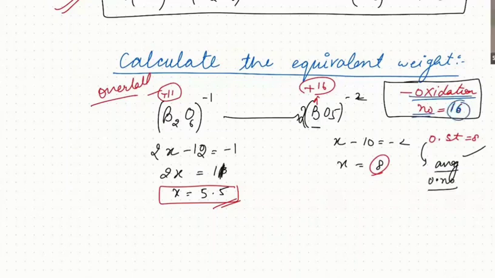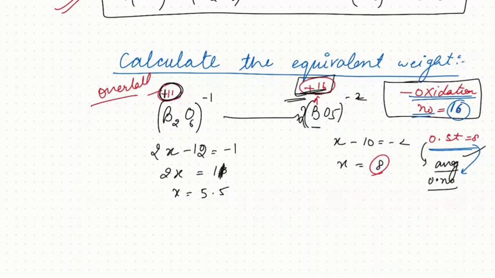So the oxidation number is the total number, and the oxidation state is the average oxidation number. Did you understand? Yes. Now, what is going to happen? Just see. So X is 11 and this B is going to be plus 6. Got my point? Yes.